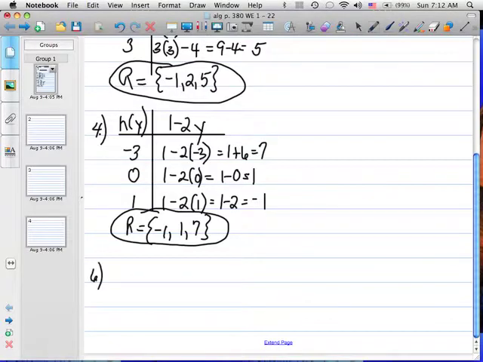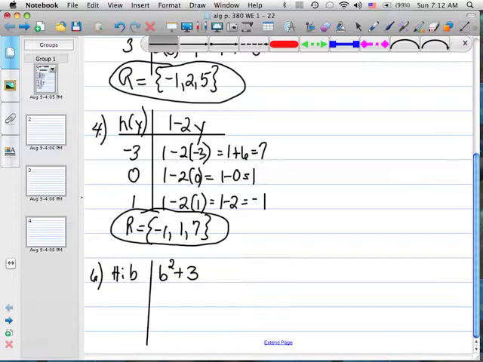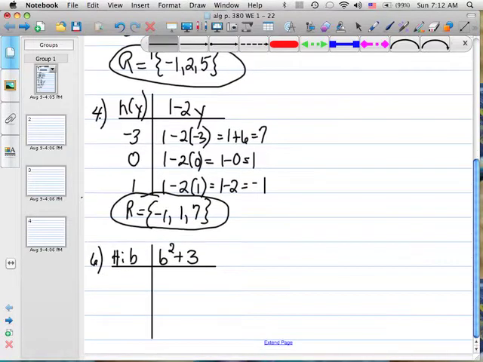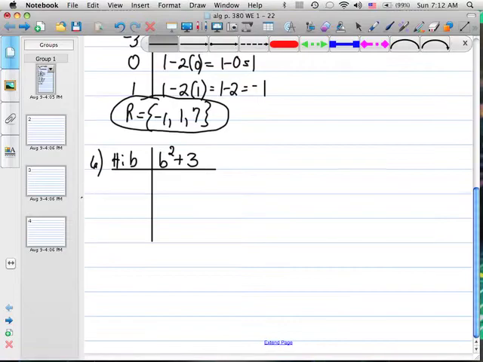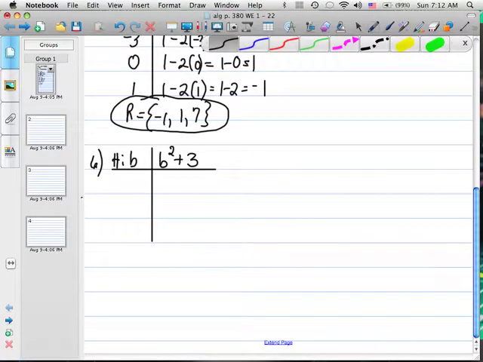Problem number 6. Our function is h. It pairs b with b squared plus 3. Our domain numbers going in for b are 0, 2, and 4.